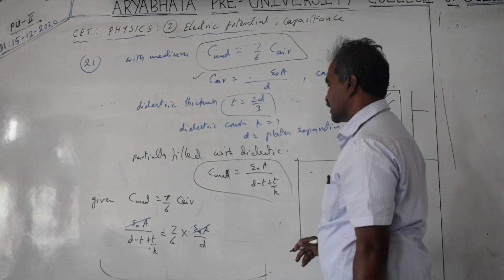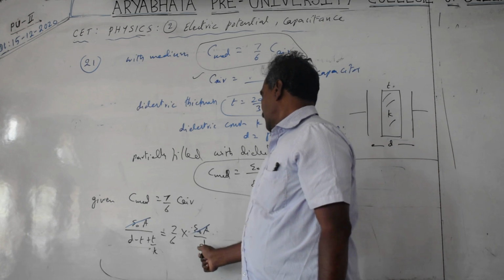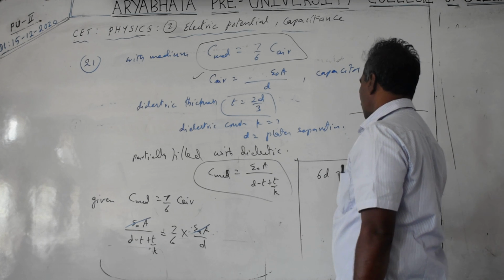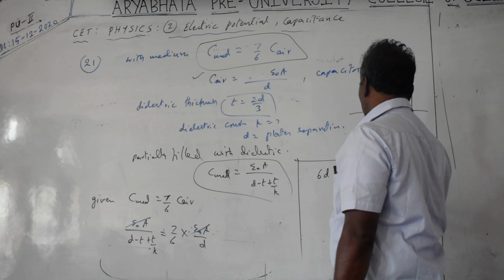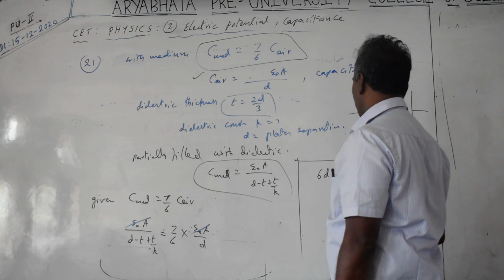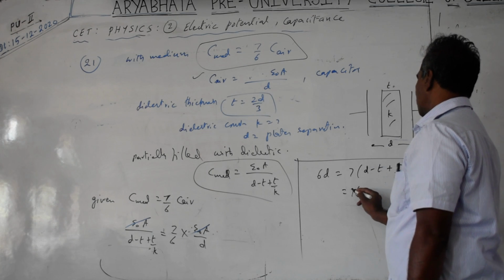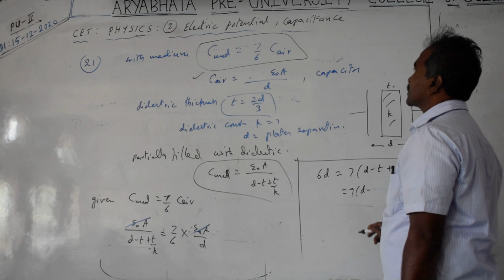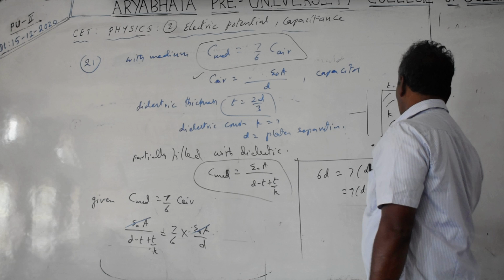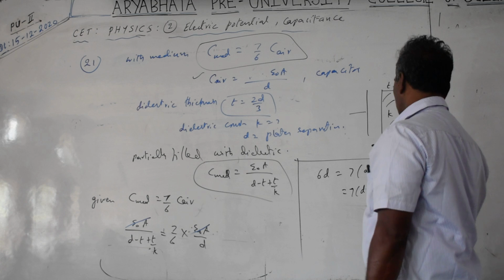Cross multiply this, 6D goes to the left side. 6D is equal to 7 into D minus T plus T by K. D minus T, with T being 2D by 3, gives D by 3, plus 2D by 3K.